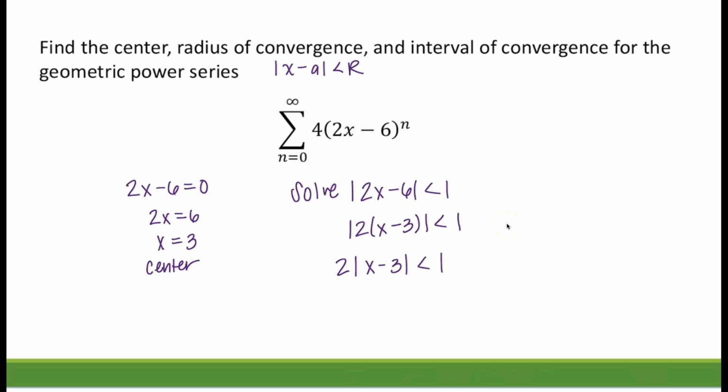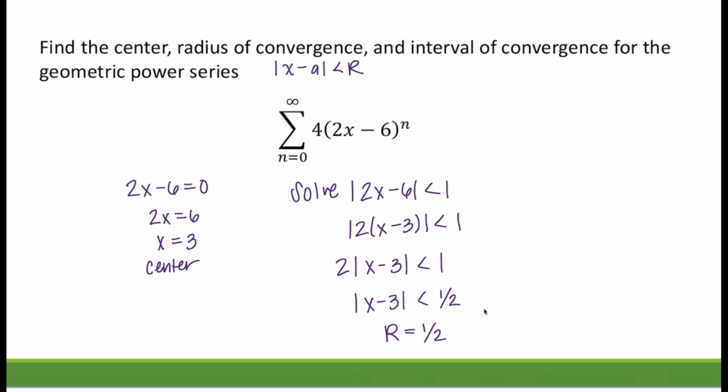So what I have is absolute value of x minus 3 is less than 1/2. So notice here that I have that center value, right, 3 here. And so since I have x minus a in absolute values is less than a number, that number is our R. That is our radius of convergence. So R is equal to 1/2.